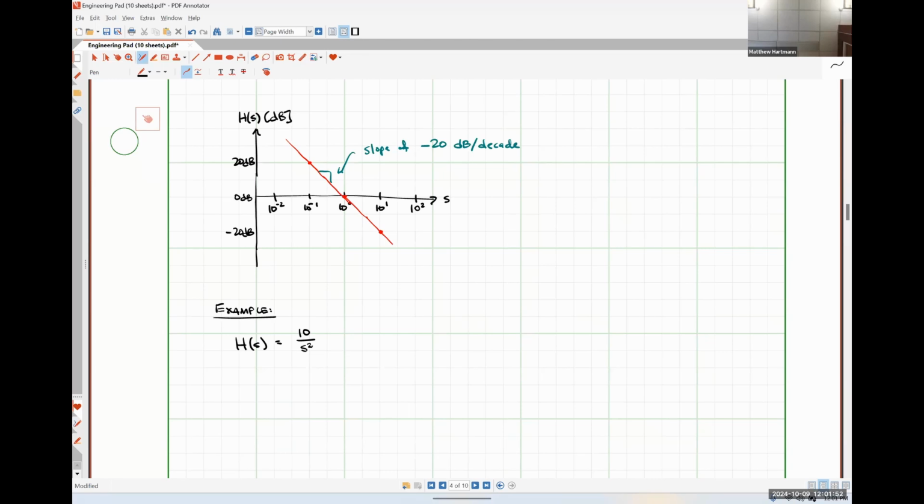So this is what my transfer function is. Can we use literally just this information to construct a Bode plot, or a frequency response plot, that is representative of this transfer function?